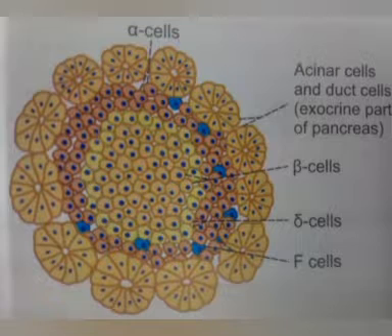The next are delta or D cells, which constitute about 7% of pancreatic islet cells and secrete somatostatin. The fourth are the F cells or PP cells, which constitute about 6% of pancreatic islet cells and secrete pancreatic polypeptide. These are the important hormones secreted by the islets of Langerhans present in the pancreas.